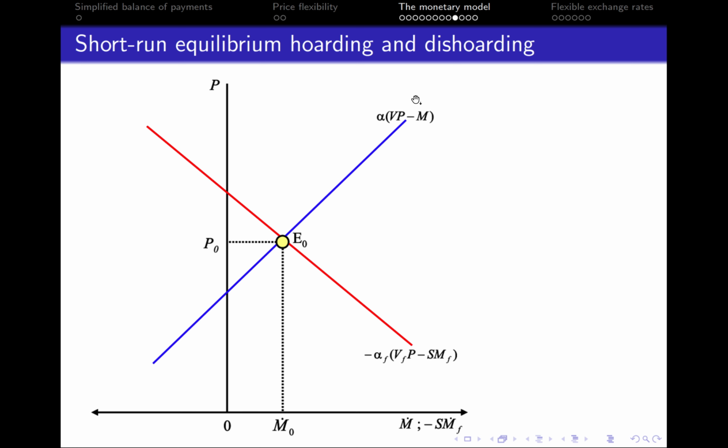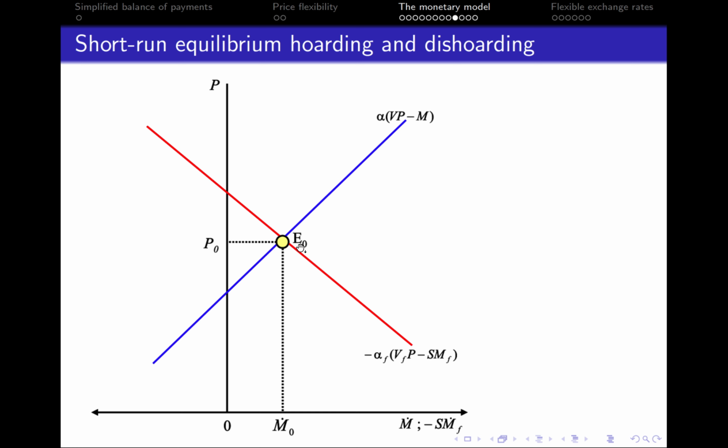But look, at the same time, this must be corresponding to dishoarding, and this is how we're going to call this line in foreign. Because here people will be now spending more income, and this income is going to be redistributed between the two countries.